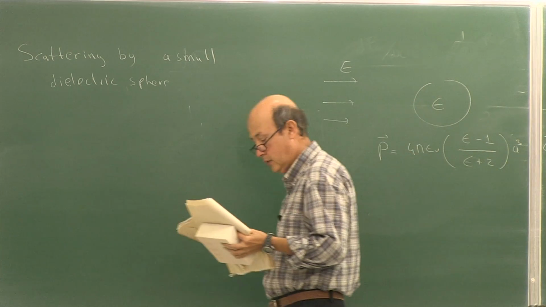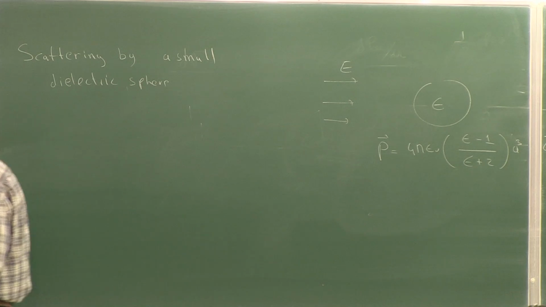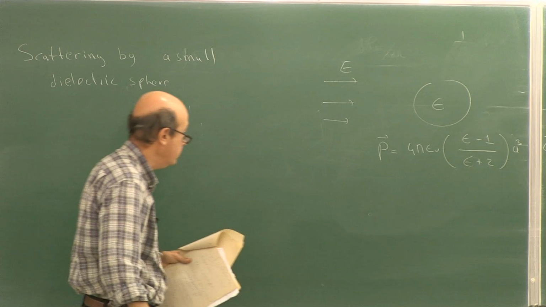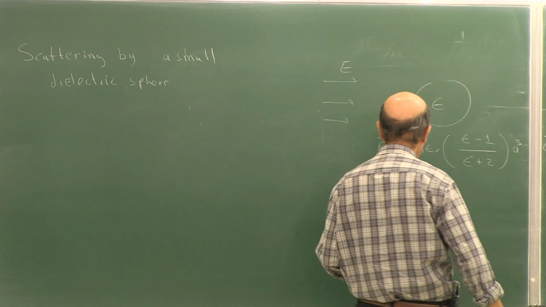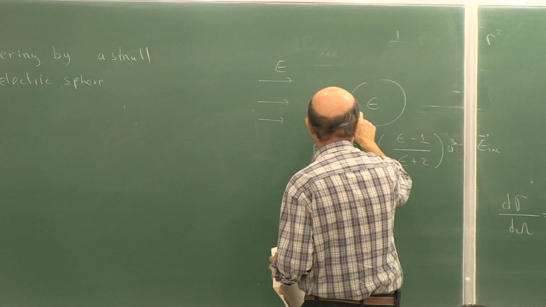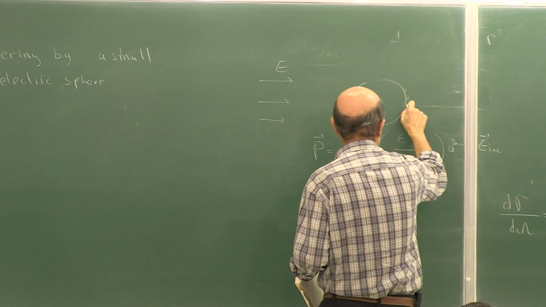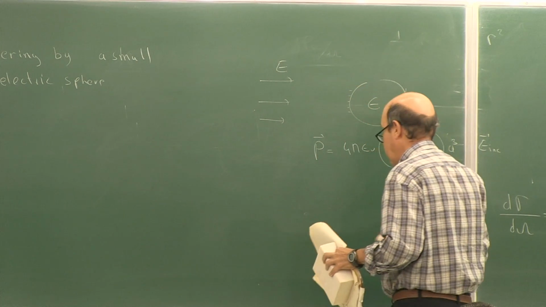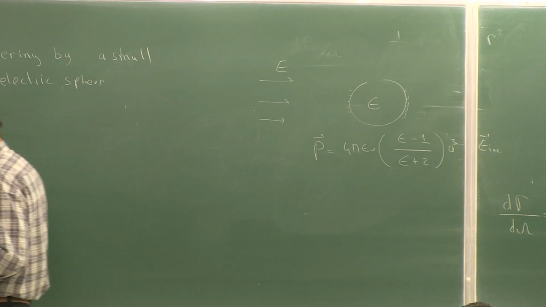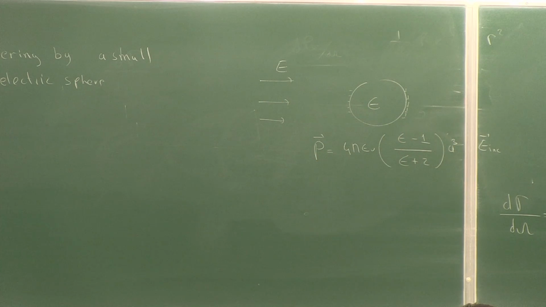You can look at your lecture notes. So basically, if you put the dielectric sphere in the external field, it will polarize. So one part has the negative charges, the other part has more positive charges, and you can calculate the surface polarized charge density, and you can calculate the polarization.